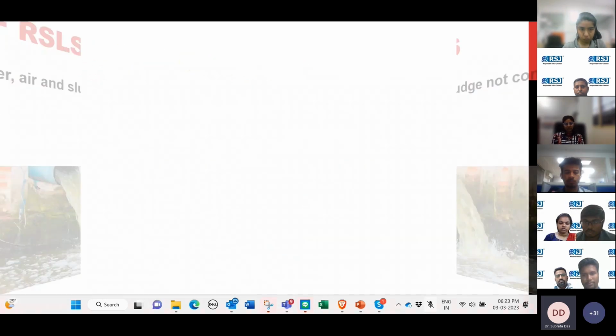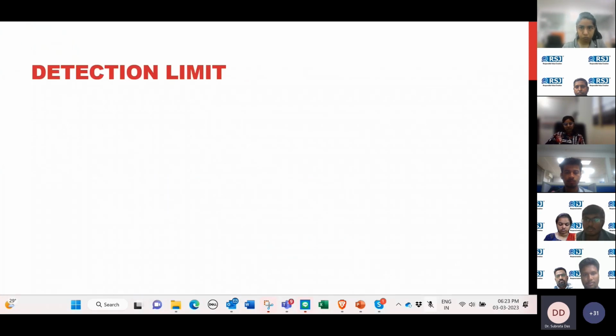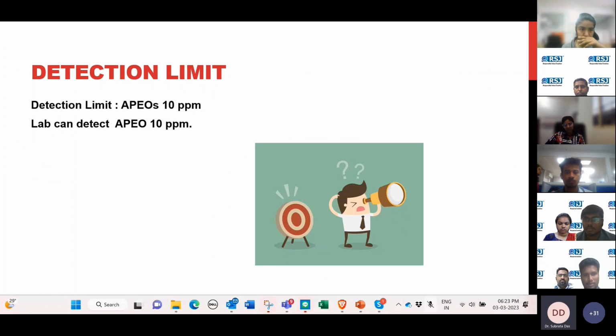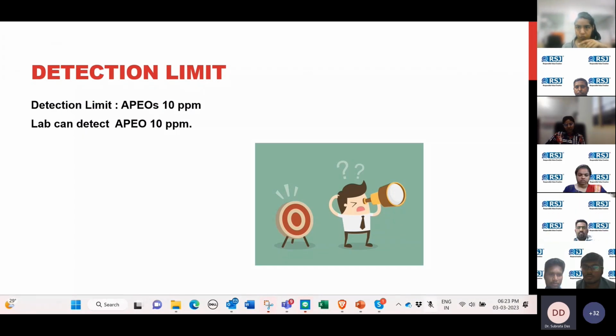Now, let me tell you a little about one important part of the different testing criteria: the detection limit. Suppose a lab can detect APO at 10 ppm, and the detection limit of APO is 10 ppm, there is no problem as such. The problem comes when it differs.